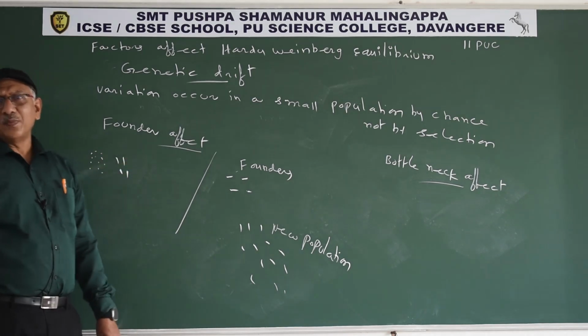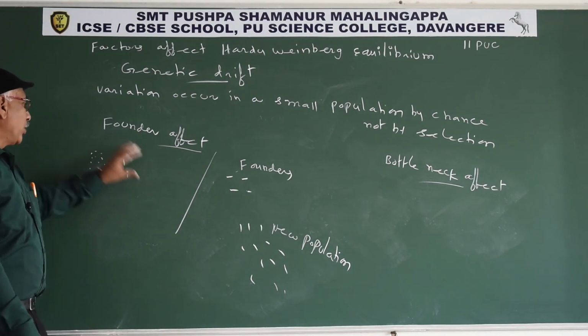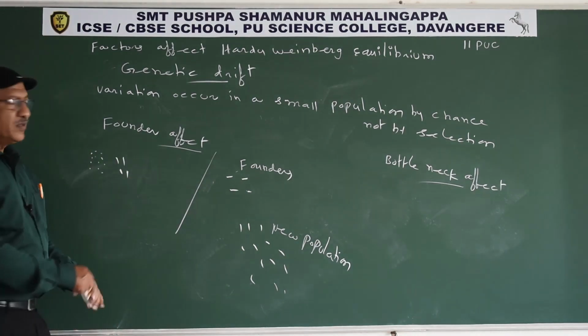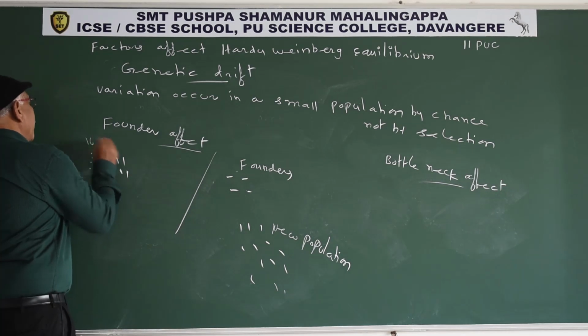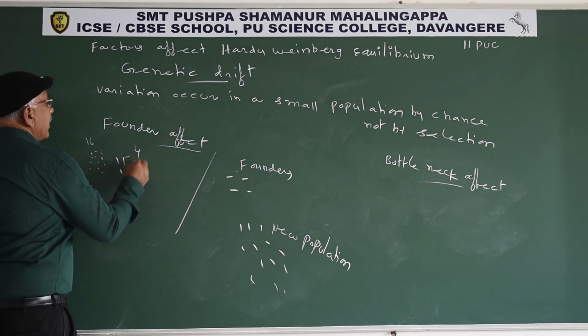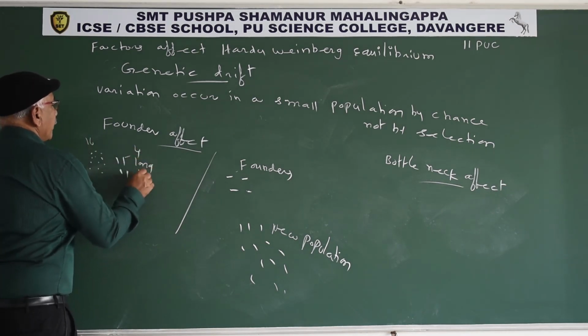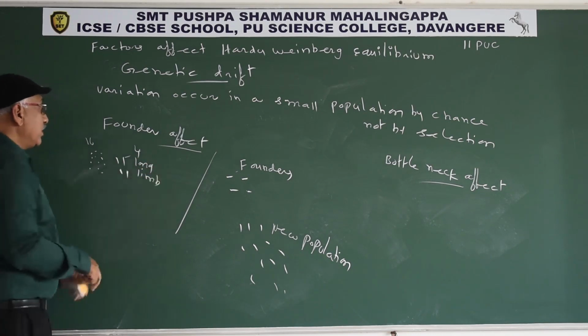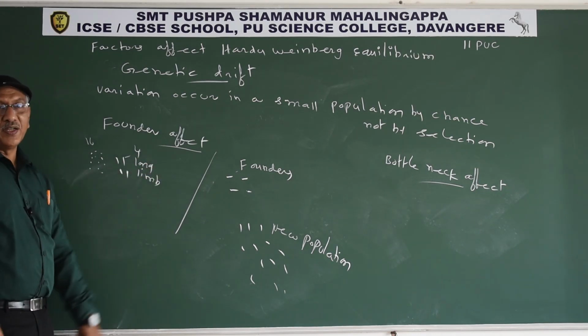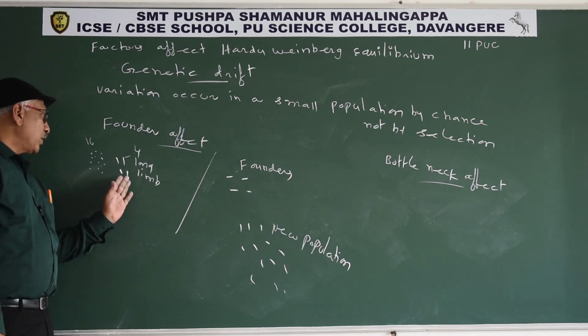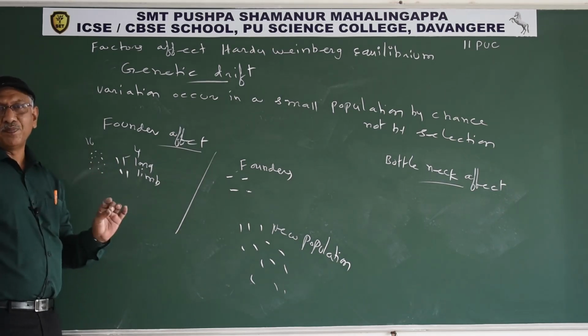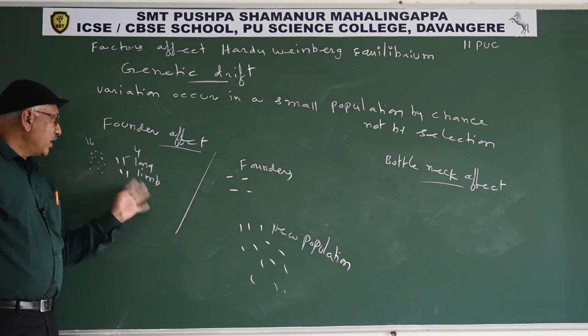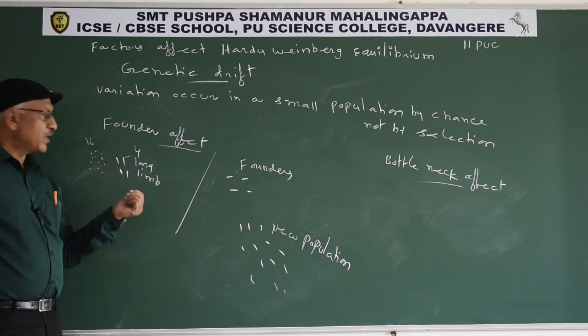Now we discuss a hypothetical example. A group of 20 rabbits. 16 rabbits contain normal limbs and 4 rabbits contain long limbs. Due to the presence of long limbs, they may feel superior. So they are unable to stay in the same habitat with the same members.